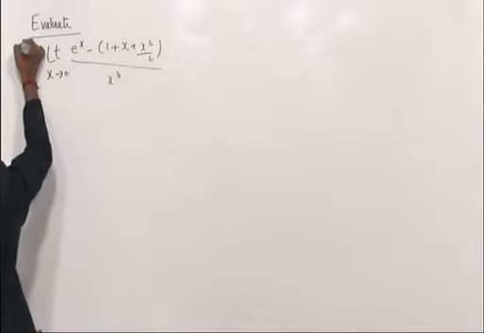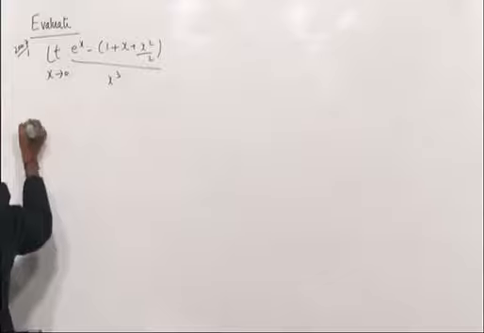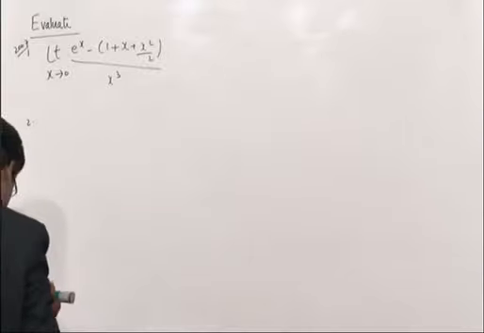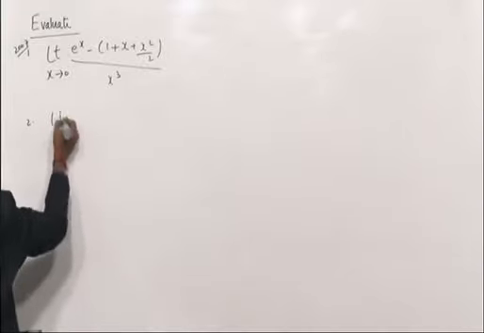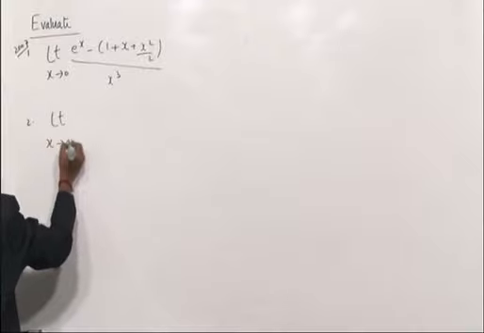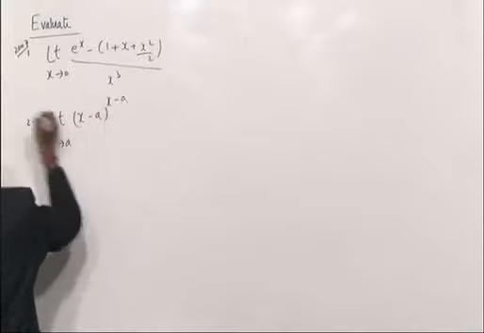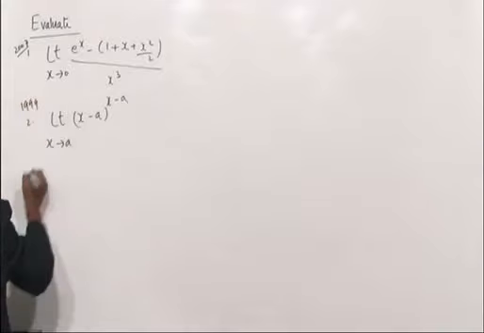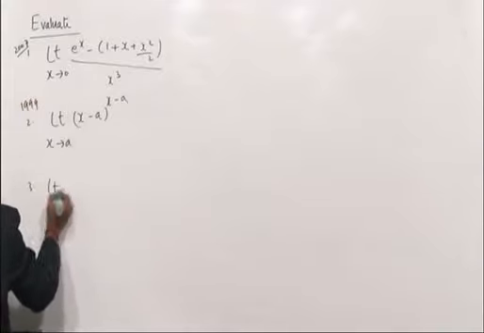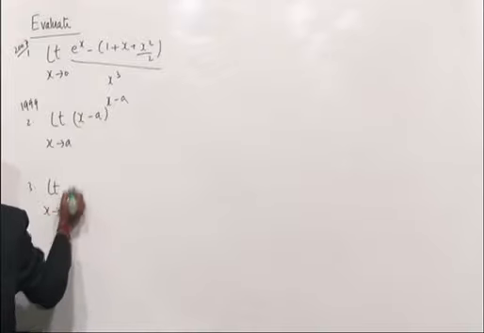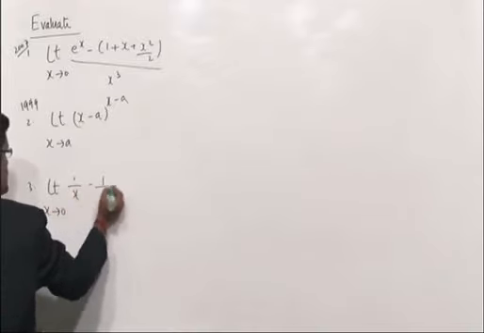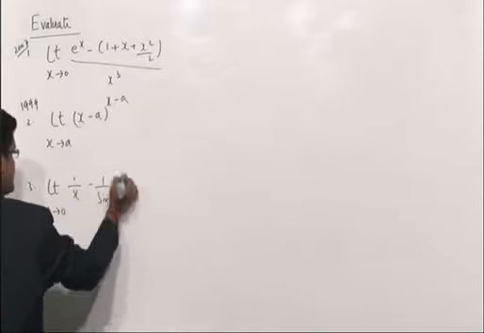This was given in 2007, 2 marks. 2. Limit x tends to a of x minus a raised to x minus a, 1999. 3. Limit x tends to 0 of 1 by x minus 1 by sin x.